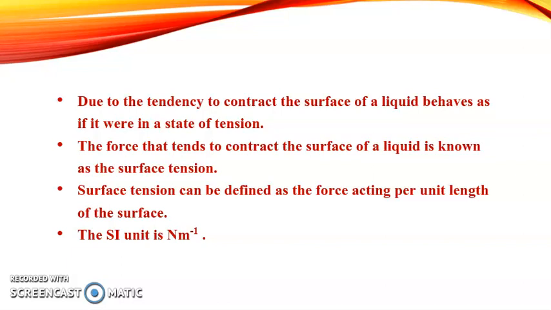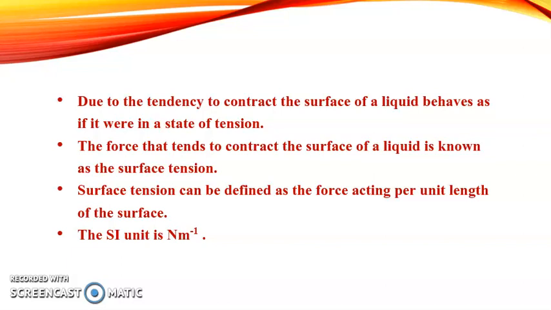So this tension of the surface molecules is the force that contracts the surface. Due to the unbalanced downward force, there will be a contraction at the surface, and the surface area will be minimum. The force that tends to contract this surface is called surface tension.